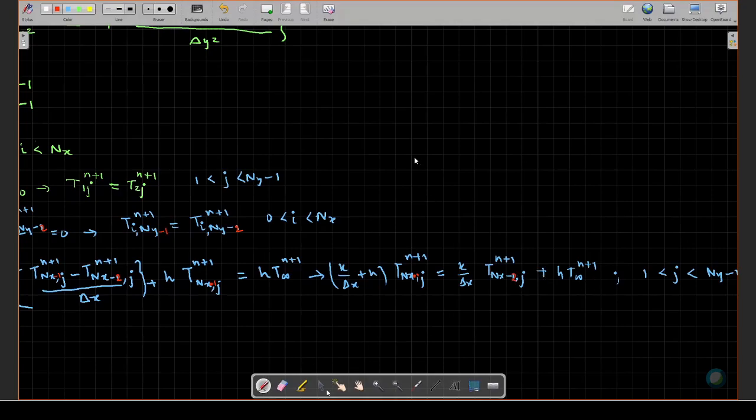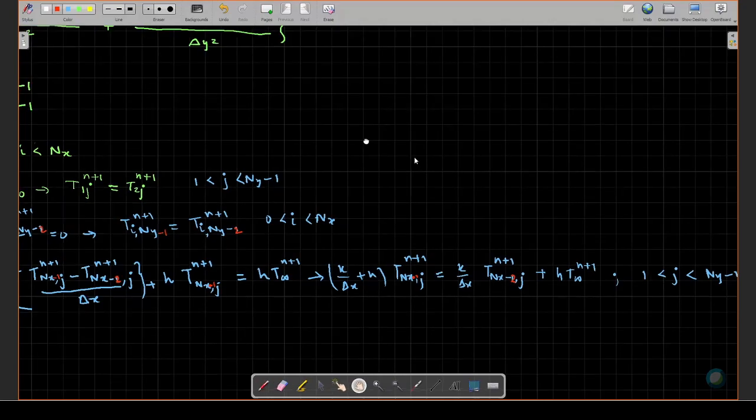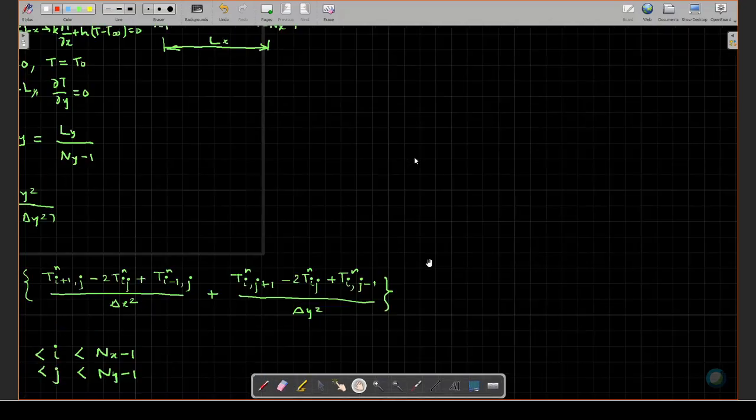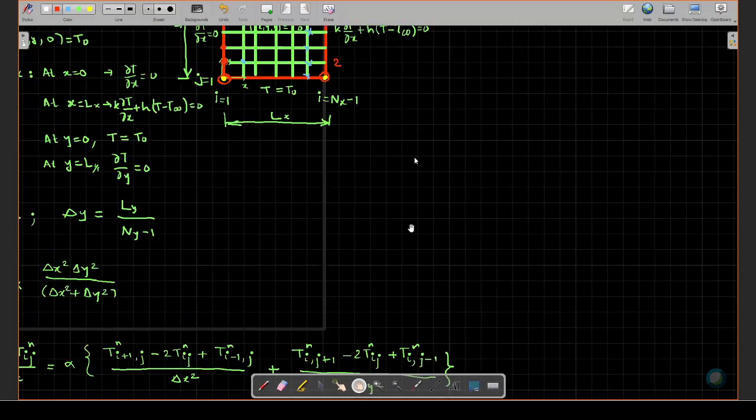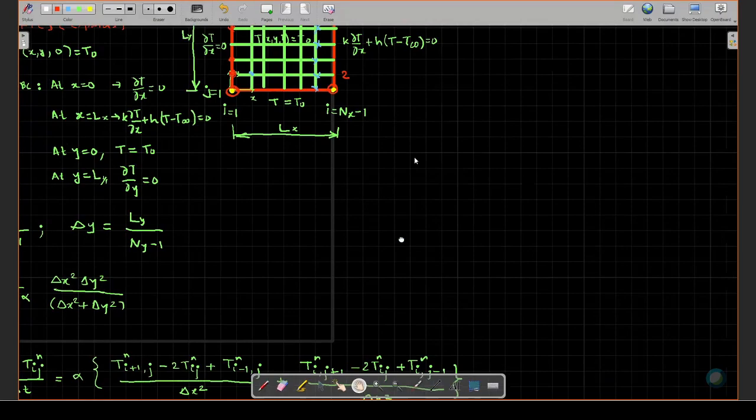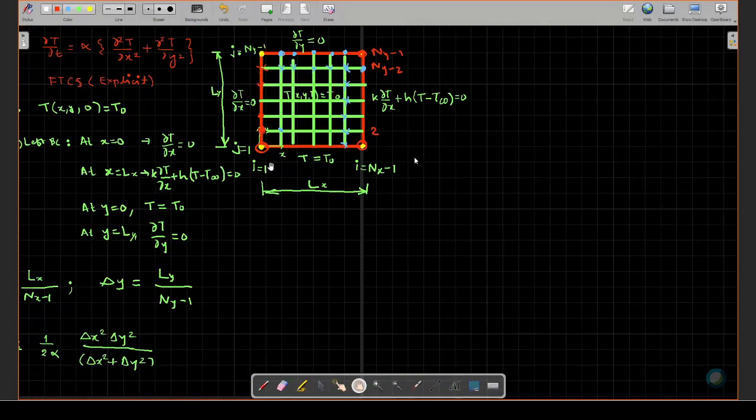And h included. Okay, with this notation, this is nx minus 1.